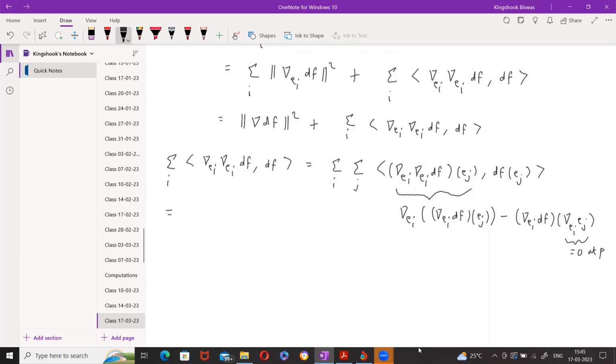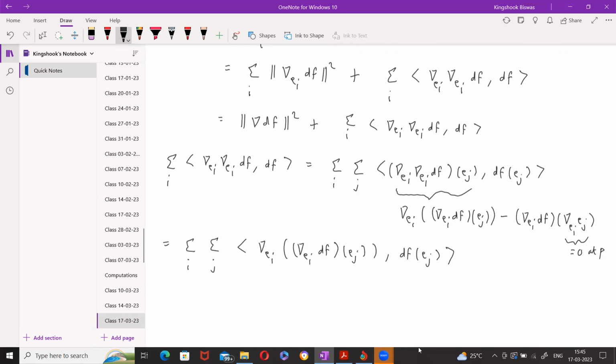So this I can write as the sum over i, sum over j, of the inner product of nabla e_i acting on nabla e_i df acting on e_j, with df e_j.